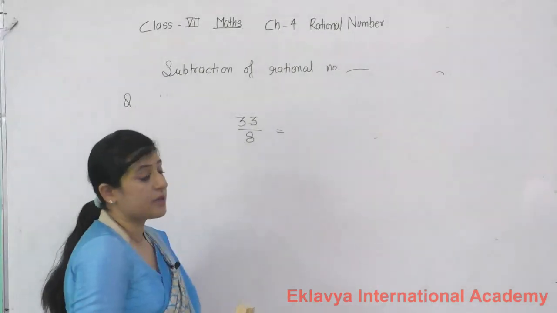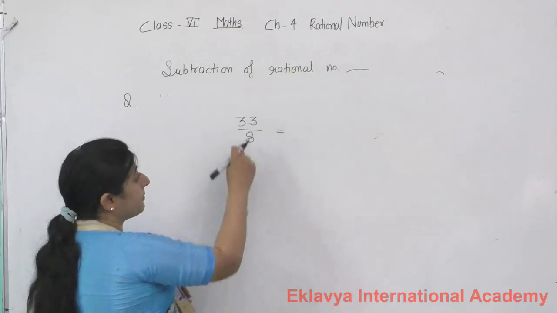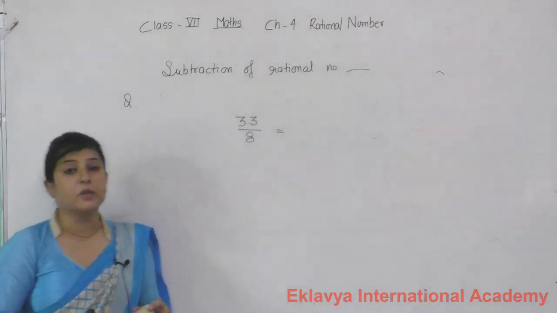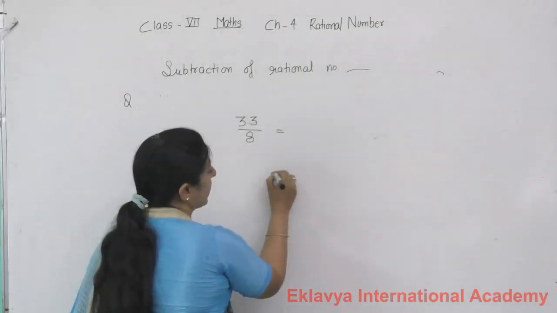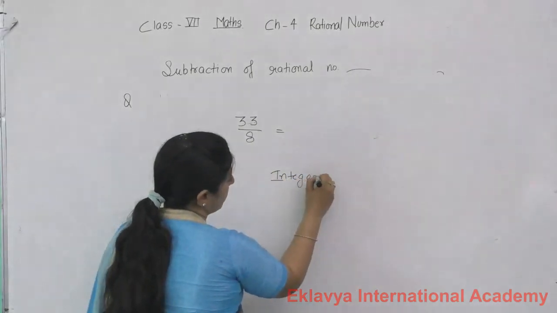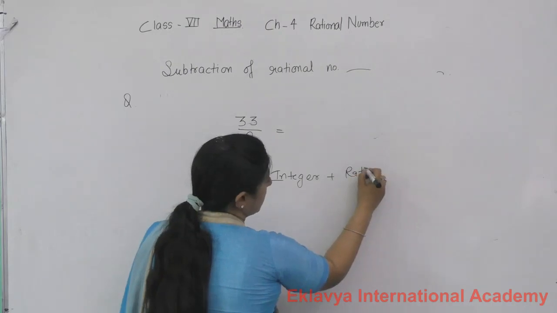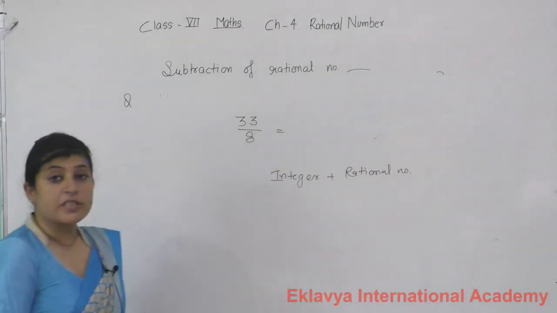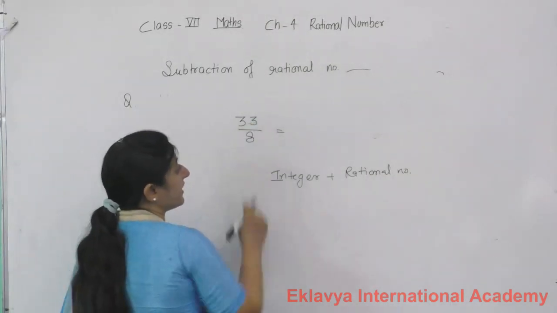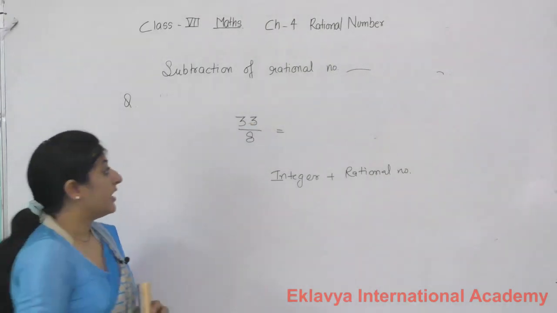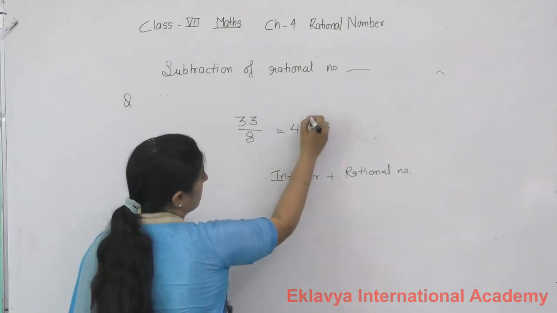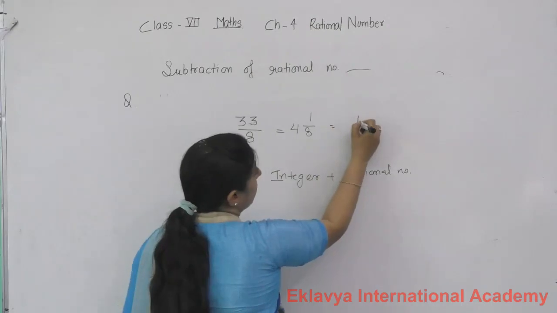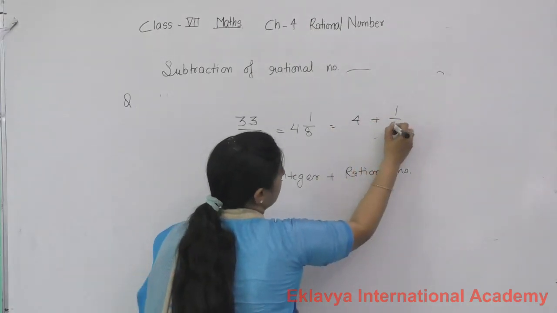An integer is also a rational number, no problem, but here we want to change this given rational number into the sum of an integer plus a rational number. Now see how to change it. In 33 by 8, 8 fours are 32, so 4 and 1 by 8, that is 4 plus 1 upon 8.